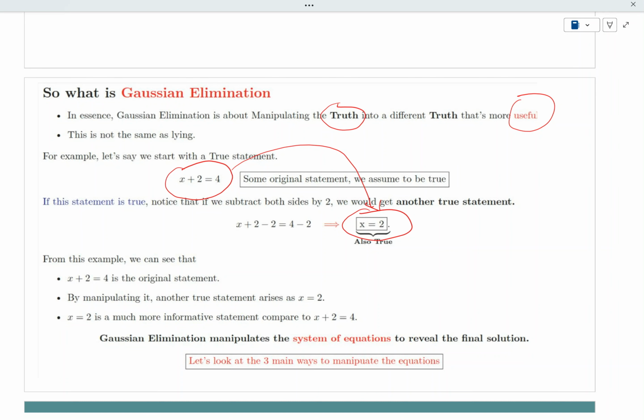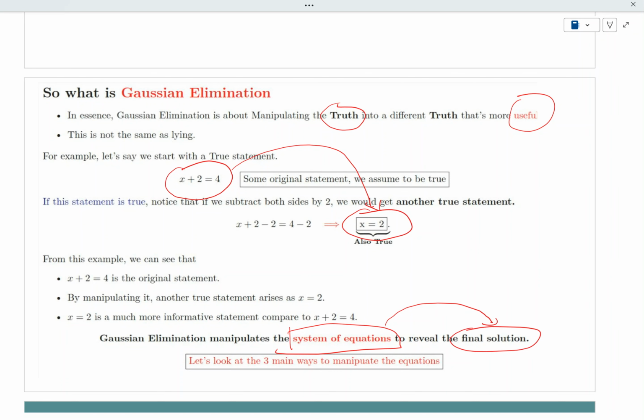So basically, Gaussian elimination is a way for us to manipulate the system of equations that allows us to reveal the final solution. Okay, so the natural question is, okay, we can manipulate these equations.